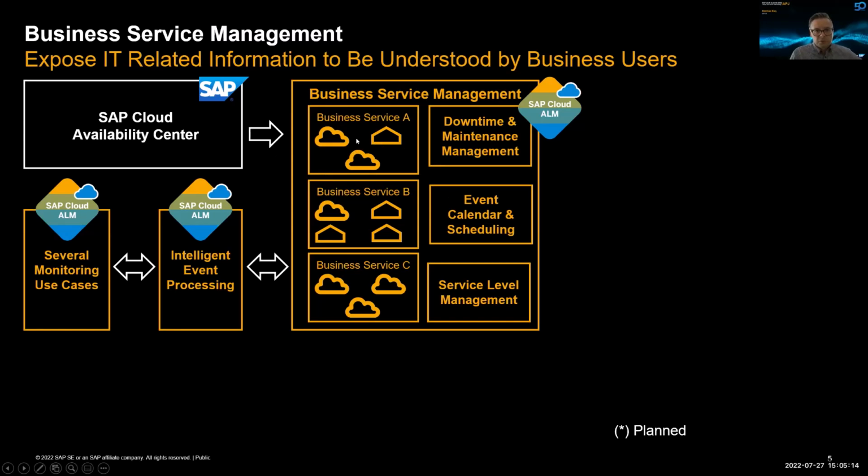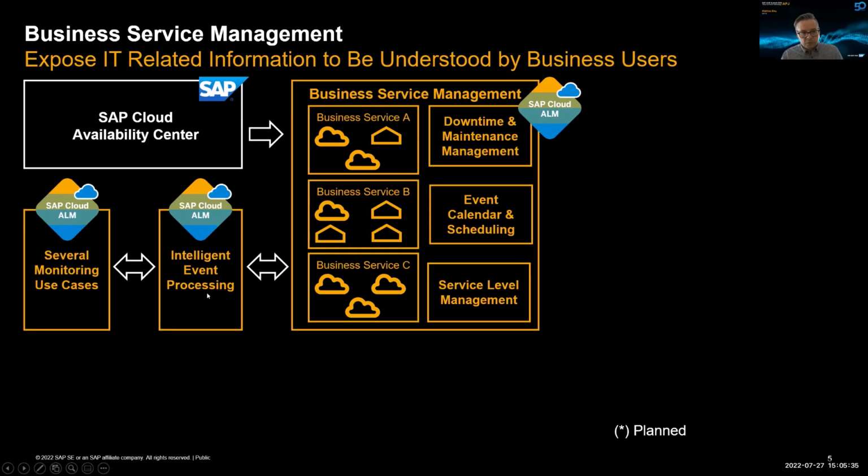And in business service management, you then have the possibility to create business services. What this is doing I will explain in the next slide. And then we can show which business services are affected by downtimes and disruptions which we have detected.